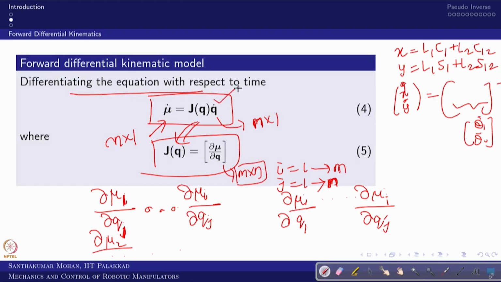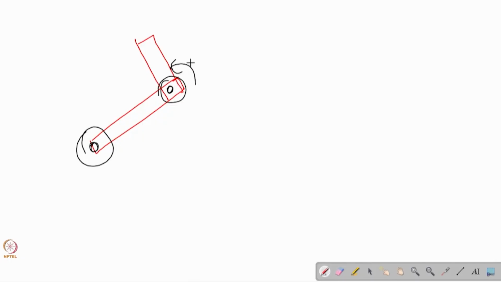Now if I know the q dot, I try to find out J of q. If q and q dot are known, what can I find? I can find the mu dot. It is straightforward. Take a serial manipulator, take a motor and fix the rotational speeds omega 1 and omega 2, so theta 1 dot and theta 2 dot.